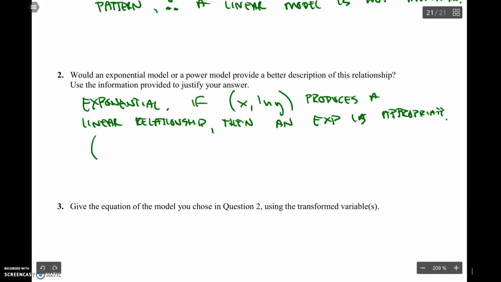The graph of age versus log of price has a residual plot with no pattern.